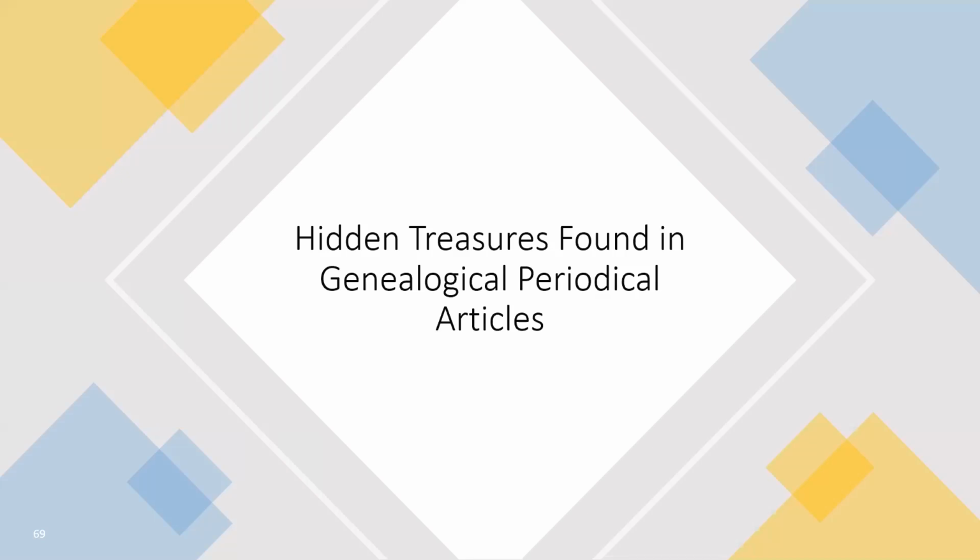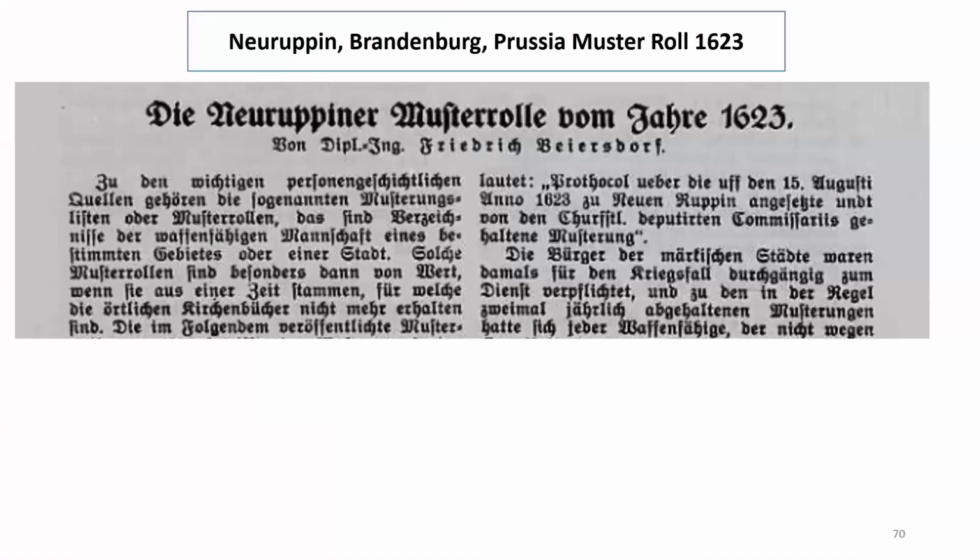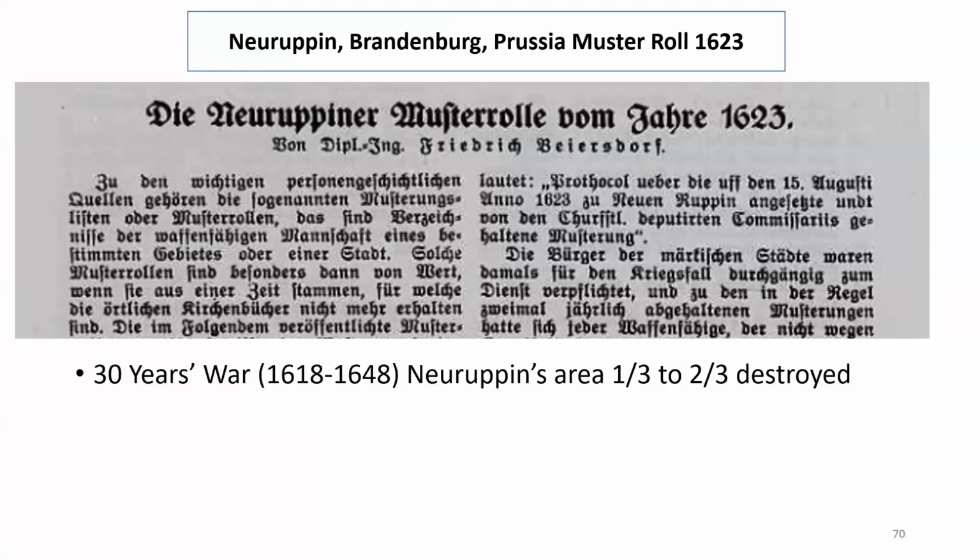Take this 1623 muster roll for the town of Neuruppin in the province of Brandenburg, Prussia. During the 30 Years' War from 1618 to 1648, the area that included Neuruppin suffered the loss and destruction of between 1/3 and 2/3 of the population and their property and records. Neuruppin church records only go back to 1700.